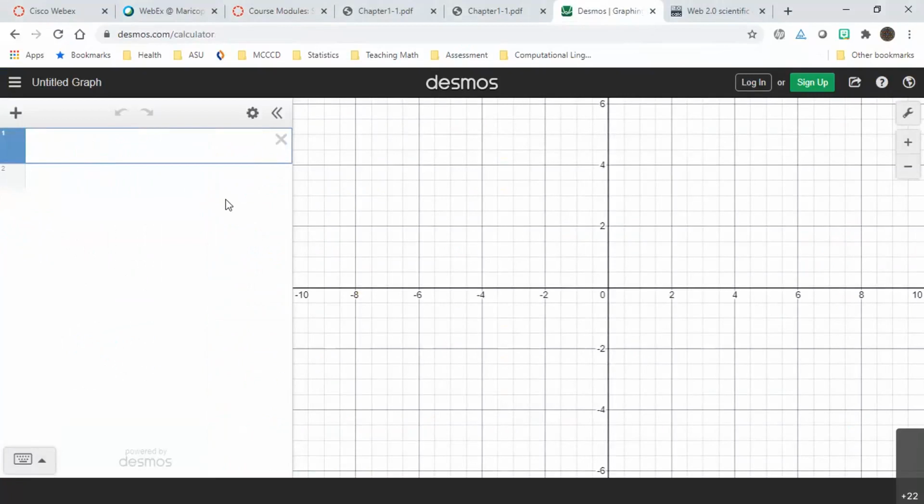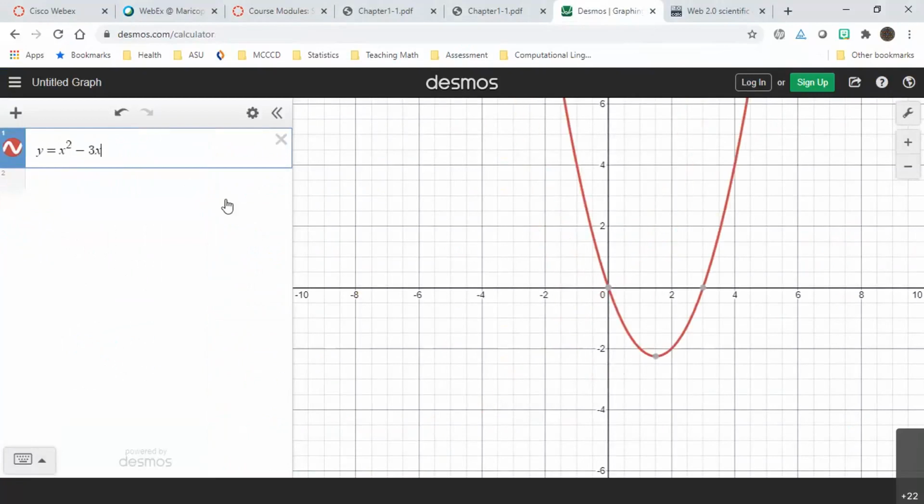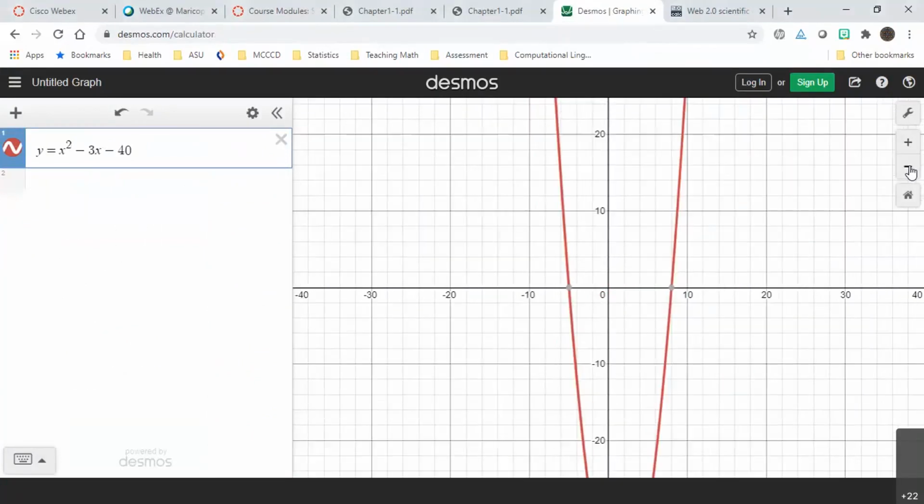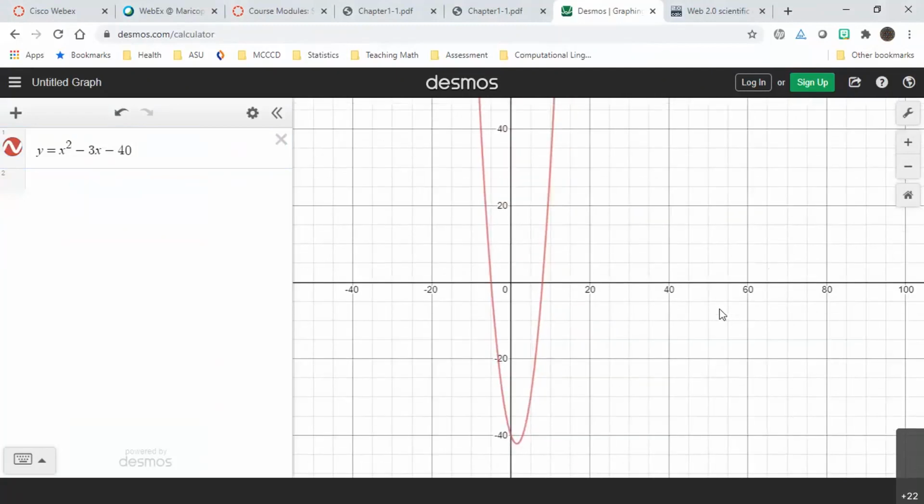I'm going to type in that function we had a minute ago, which was y equals x squared minus 3x minus 40. You can see I have a really big quadratic here. I'm going to zoom out a bit so you can see the whole quadratic.